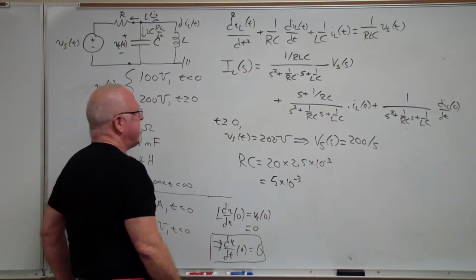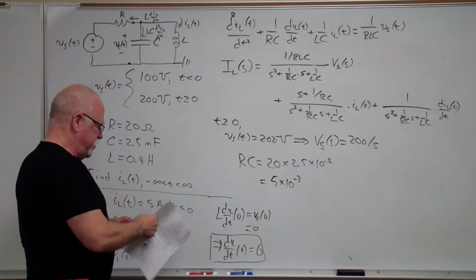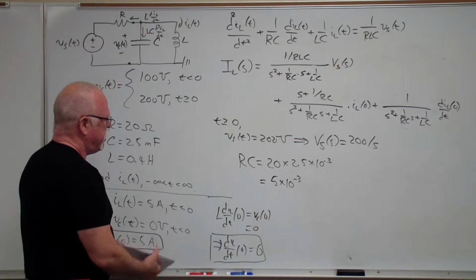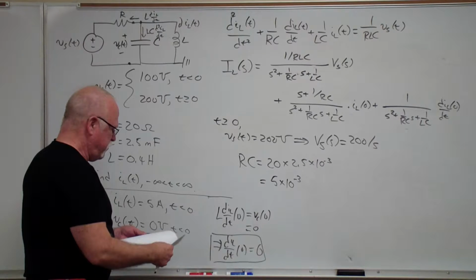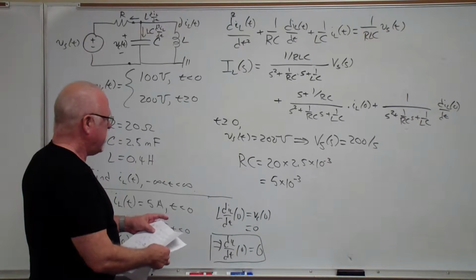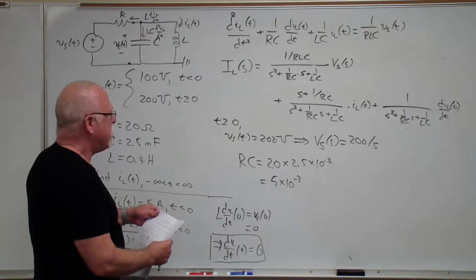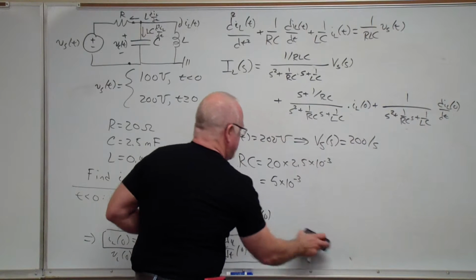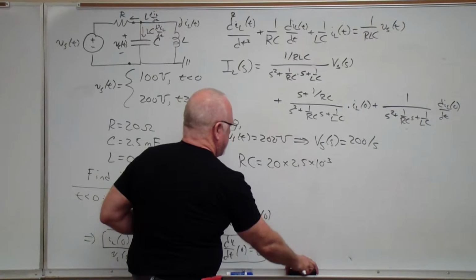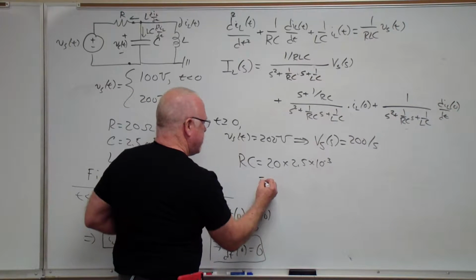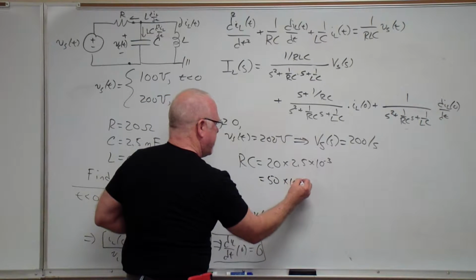So 5 milliseconds is sort of a time constant for RC there, and when we take 1 over that, we get 1/5. Let's see if I did this right. 20 times 2.5 would be 50. Twice 20 is 40, and half of 20 is 10. So that would be 50 times 10 to the minus 3.